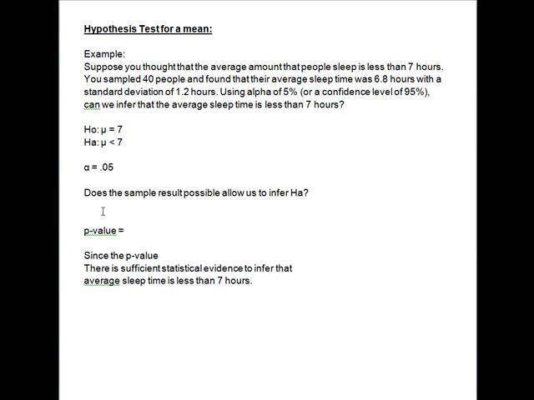So key point, since 6.8 is less than 7, how come we don't just automatically infer that it's less than 7? And the answer there is that, well, we took a sample of 40 students, or 40 people.